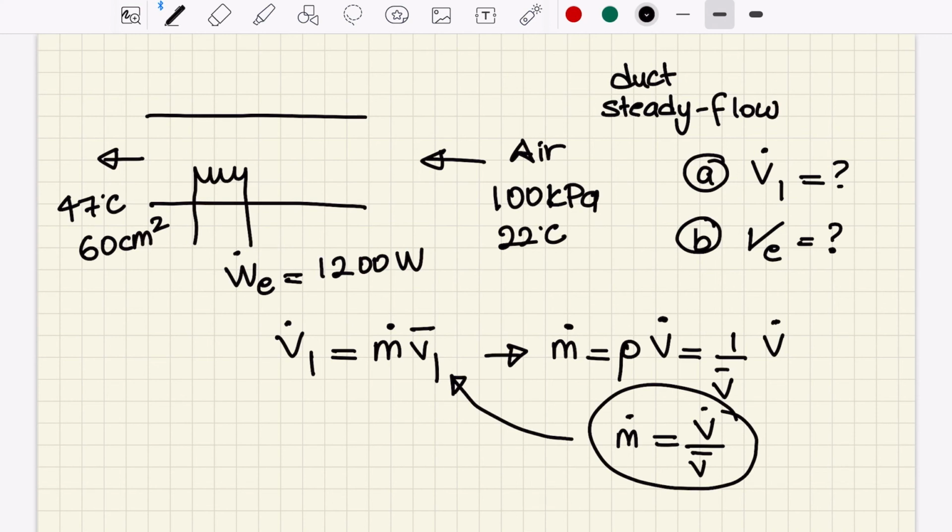Well, since air is an ideal gas, what we can do is easily calculate specific volume using the ideal gas equation. Let's do that.